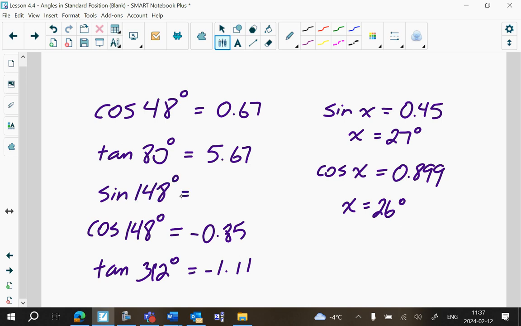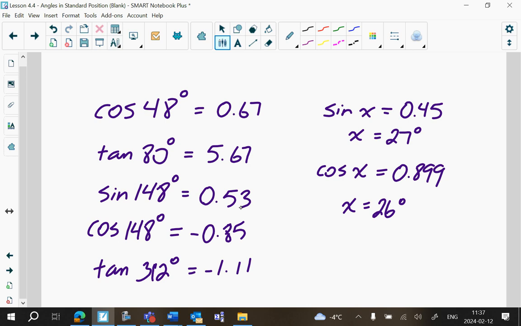Note that one. 0.53, yet that one's positive. Huh. And if I asked you the tan of 148, the answer would be negative. And if I asked you the cosine of 312 degrees, the answer would be positive. Okay?